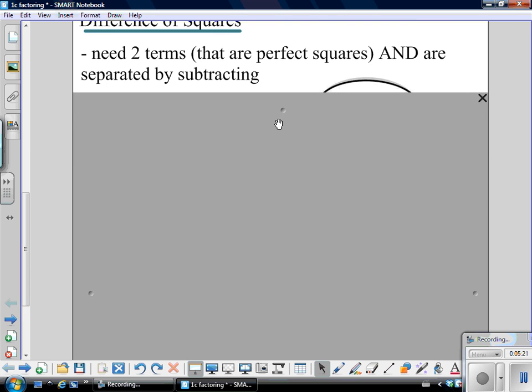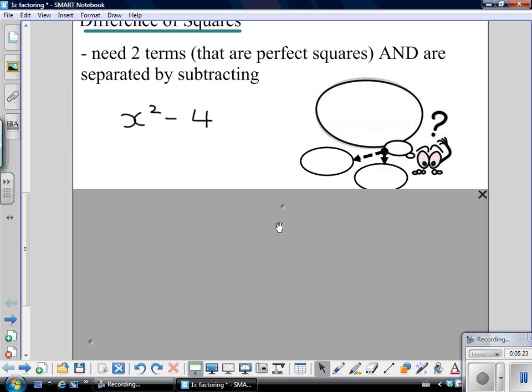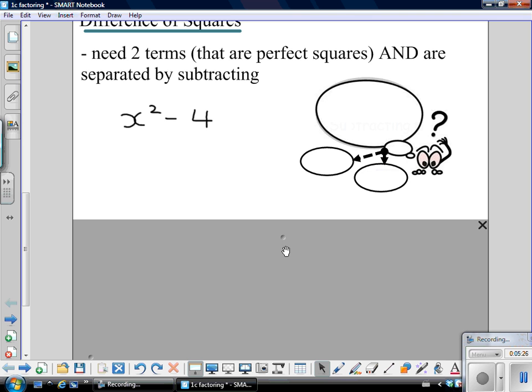So it's my checklist again. If I look at the first question, and there's my thinking guy, first of all, when I see a question like this, I check for a common factor. It doesn't exist. Then my brain says, there are two terms, and they're separated by subtracting, so it may be a difference of squares.